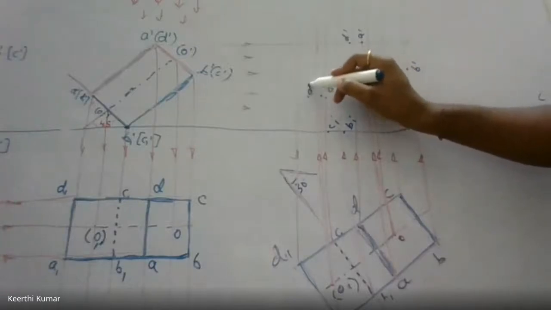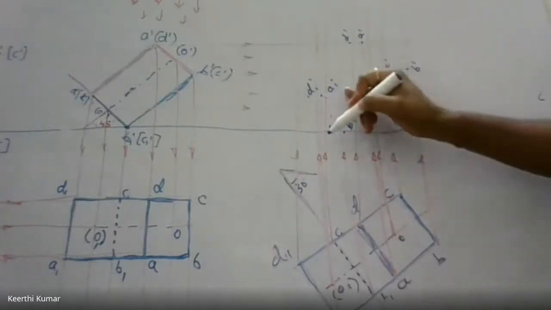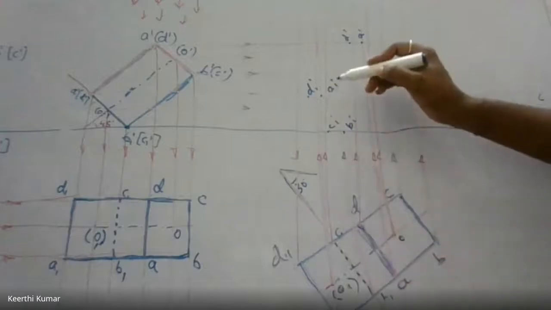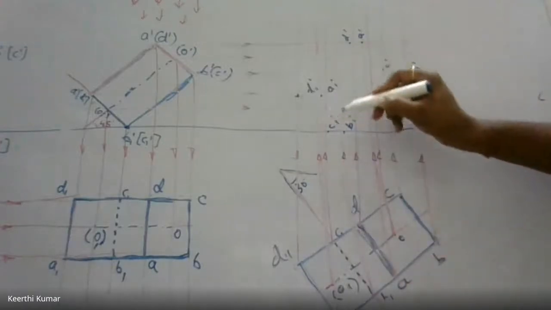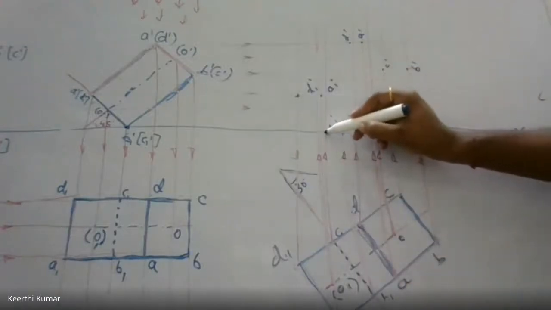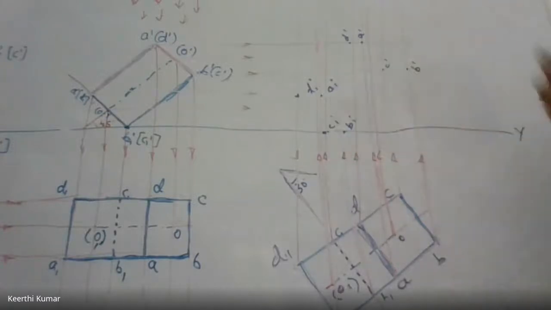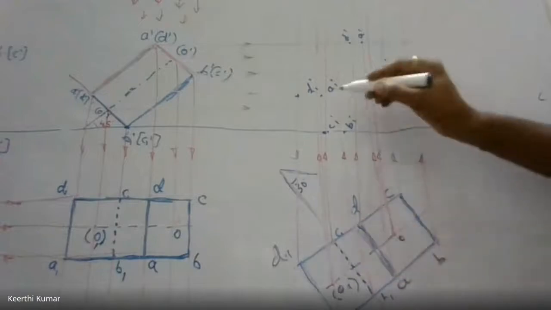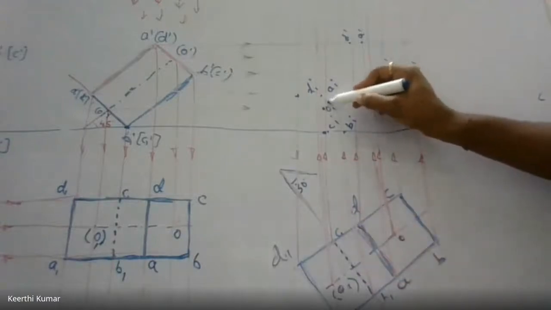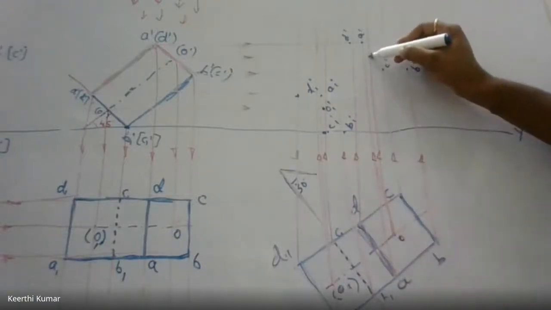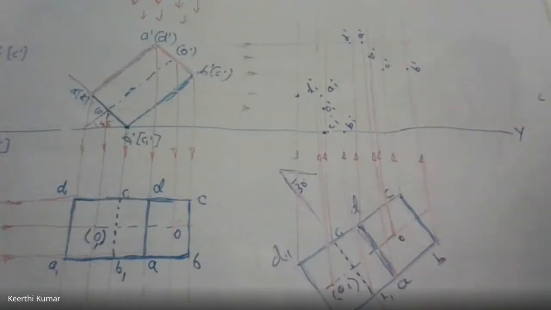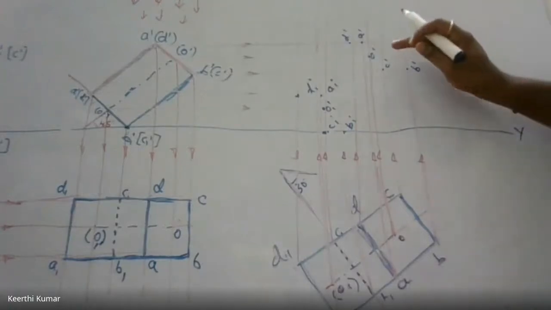And somewhere here D1 dash again. I didn't get the vertical position properly, so just do as per A, B, C. Okay. So we got this first. Then O1 dash, O dash. So we got that. O1 dash and O dash. Get it properly.